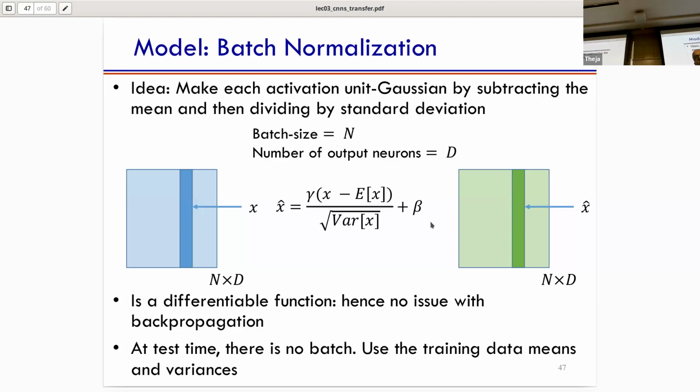Then there's also the issue of test time: there are not going to be any such numbers. Let's say you only get one image, so there's no batch. Where are you going to get these numbers? You probably remember them from training so that you can subtract, because otherwise your processing is different at test versus training. So there are some nuances like that.